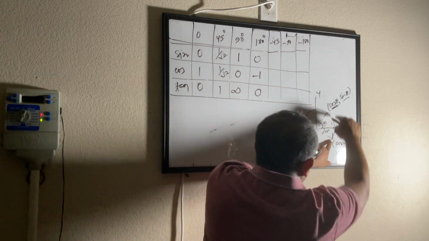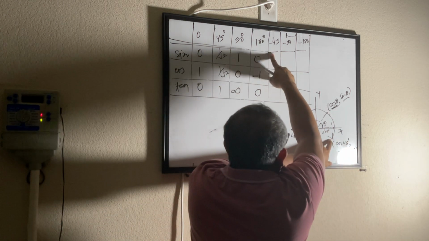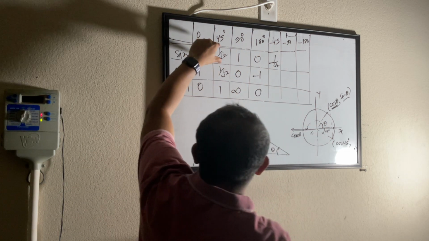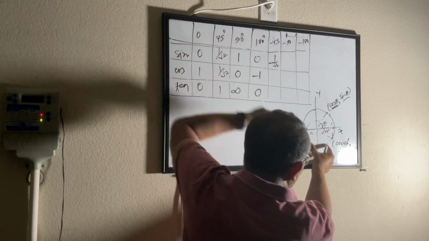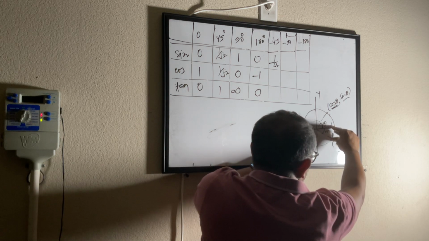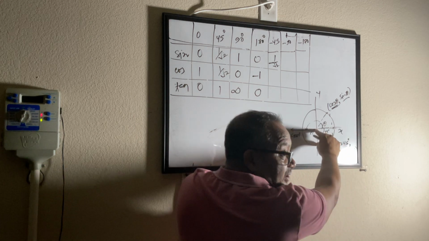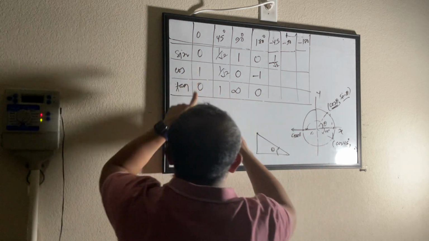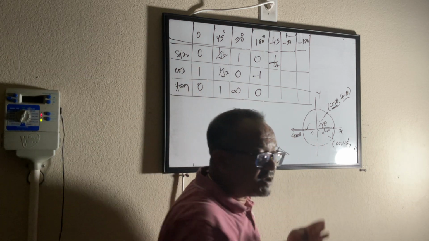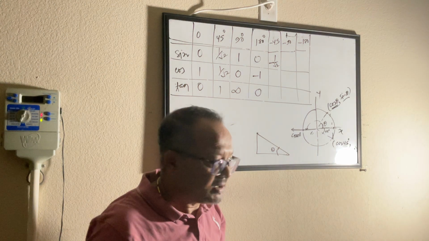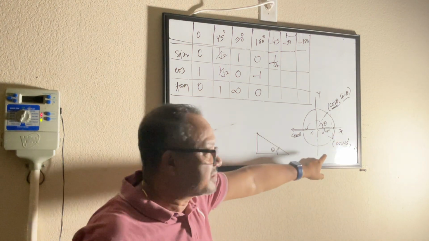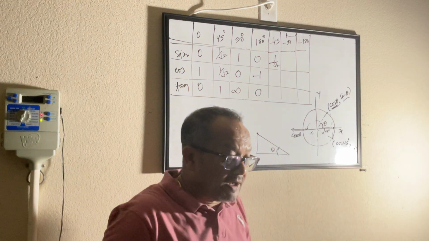Sine minus 45 degree will be minus 1 by root 2. I am not saying sine 45 is 1 by root 2, so sine minus 45 is minus 1 by root 2. No, not that way. I am looking at the unit circle to find out the sign for that.